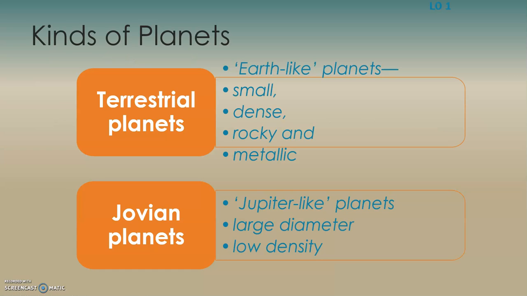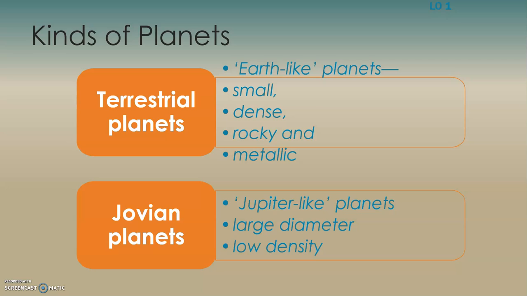Kinds of planets. The solar system has two kinds of planets, terrestrial and Jovian. And let's explain that a little bit more. Terra in Latin is the word for earth or soil. And so we call the planets that are like the Earth terrestrial. Some of the other adjectives that you can use for those planets are that they're small, they're dense, they're rocky, they're metallic.